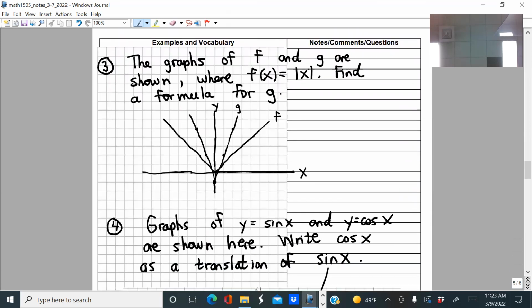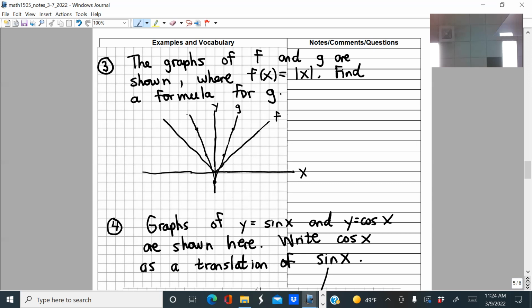All right, let's wait a minute and then we'll come back. And here's a graph, original function called f, which is the absolute value of x. That's this V-shaped curve, right? But now we have this new function g, which I claim is just a transformation of f. Let's see if we can write down what the formula for g is.